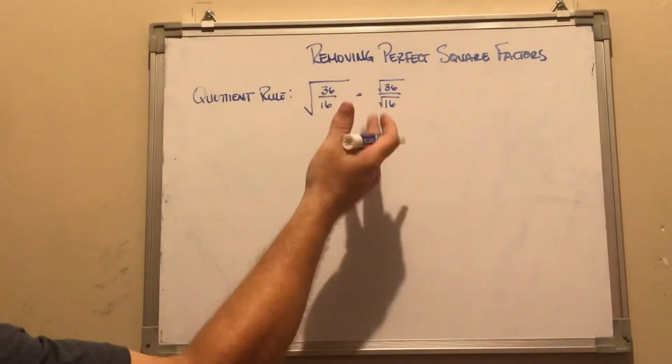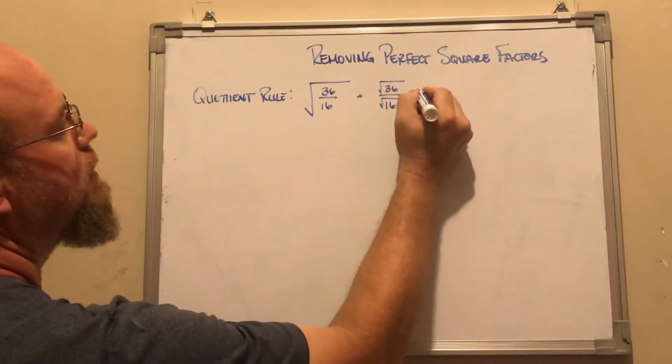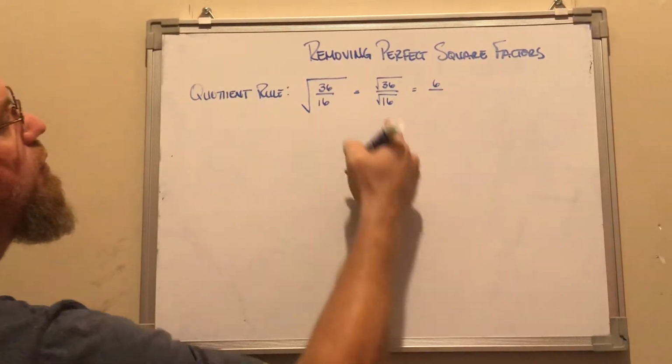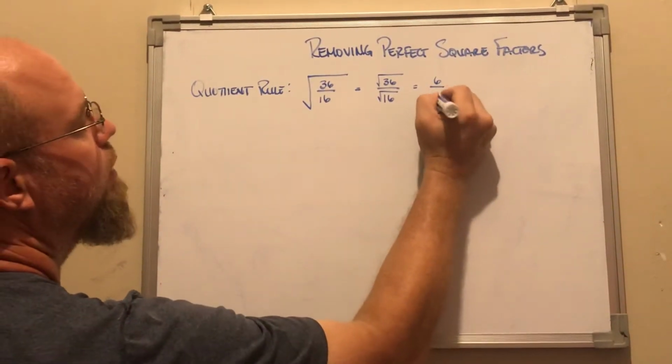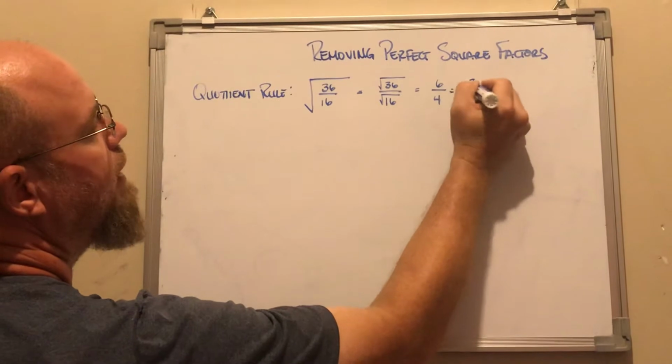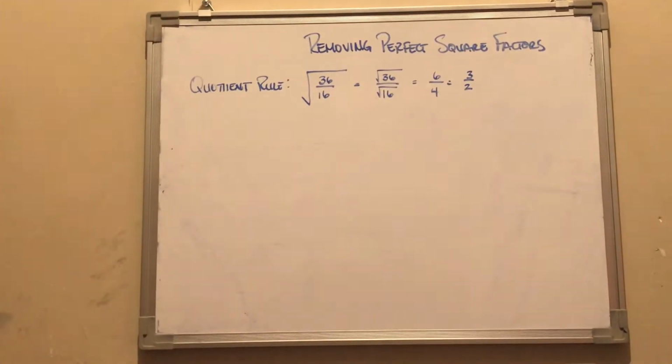And then we can go ahead and solve that. And we know that the square root of 36 is 6, and the square root of 16 is 4, and we can reduce that down to 3/2.